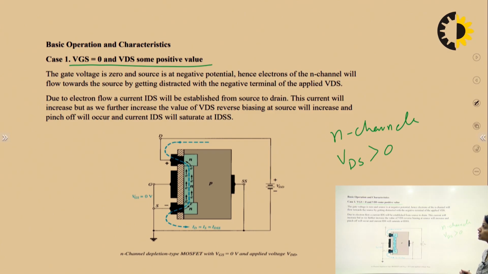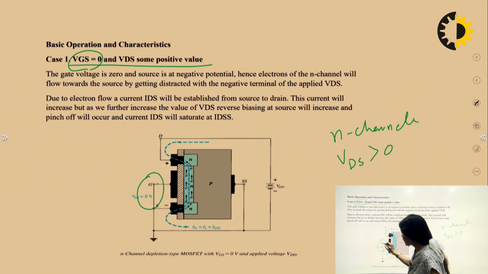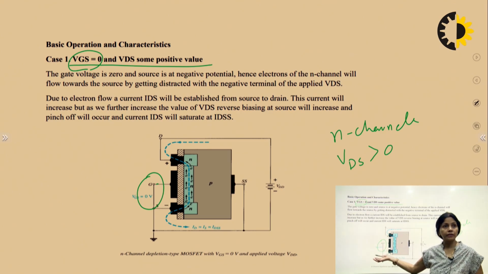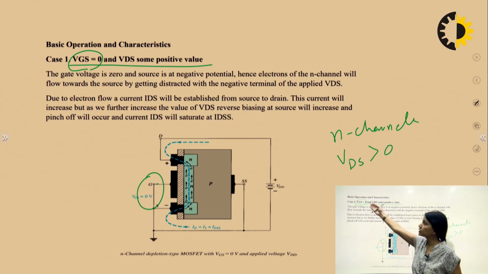The gate voltage is 0 and the source is at negative potential. We are giving no voltage at the gate. The gate and source have been shorted, so there is no voltage between the gate and source terminals. So we will mention this as VGS equal to 0.